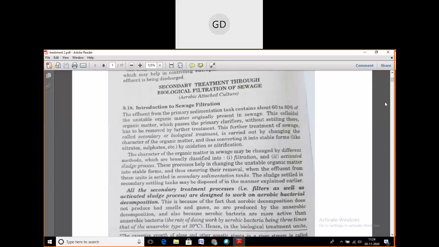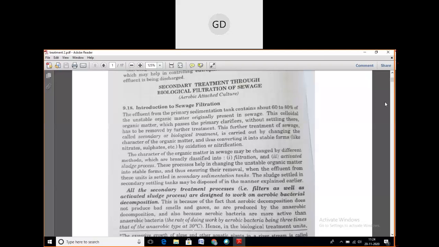This is the colloidal organic matter, which passes through the primary clarifiers without settling there. This colloidal organic matter has to be removed by further treatment.